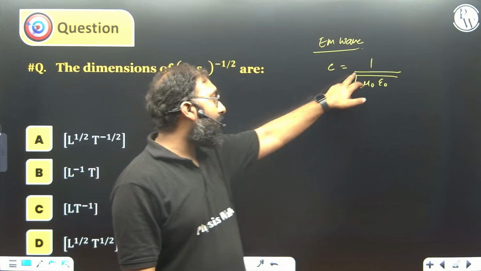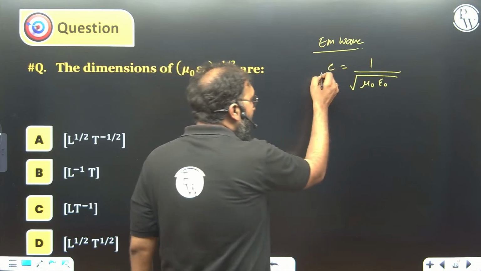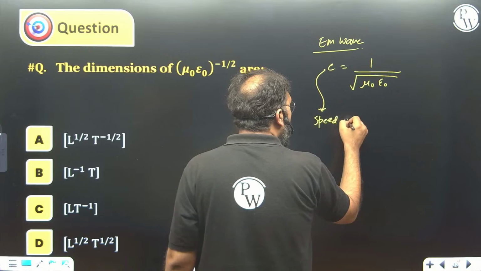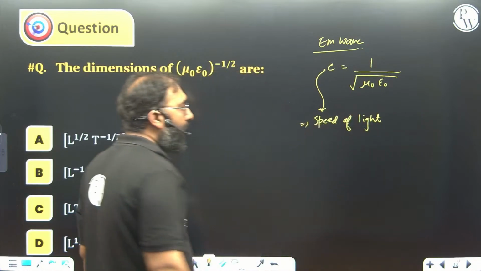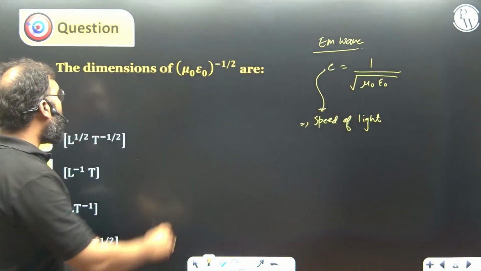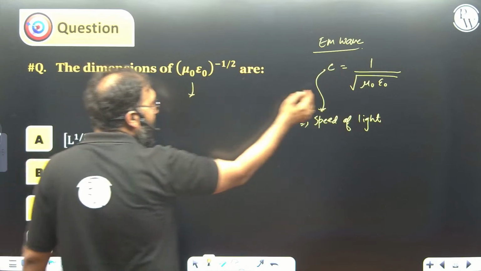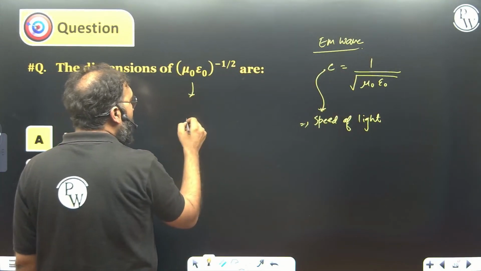So 1 upon under root of mu naught epsilon naught represents C, and C is the speed of light. So straight away we have this formula for the speed of light. Whatever the situation they have given, it is exactly the same thing I have written here: mu naught epsilon naught raised to the power of minus 1 by 2.